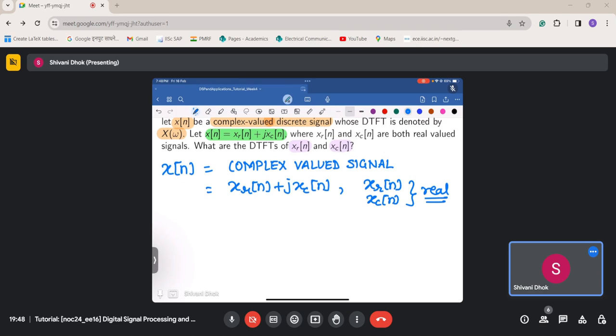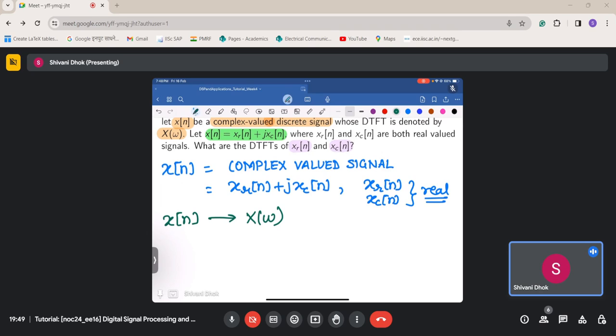Another thing given to us is that x[n] has DTFT X(ω).